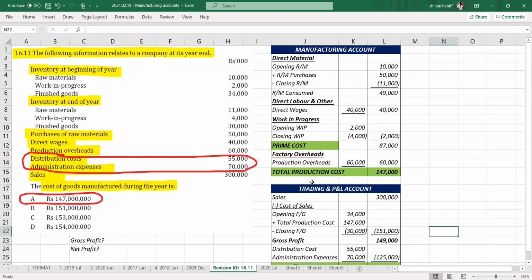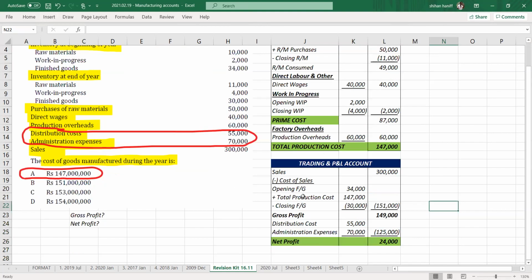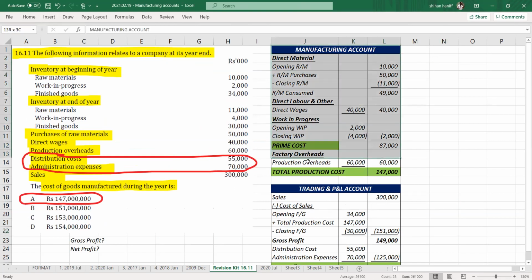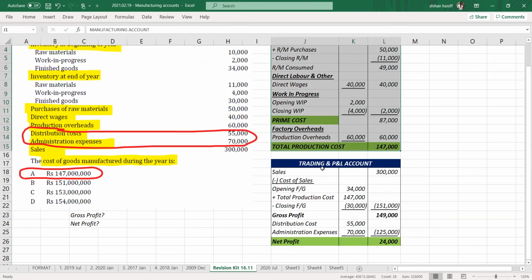Okay. So if they ask any of these things, you can do it. Here I was explaining after the manufacturing account how to prepare the trading profit and loss account. So we take the total production cost to the trading account as cost of sales.